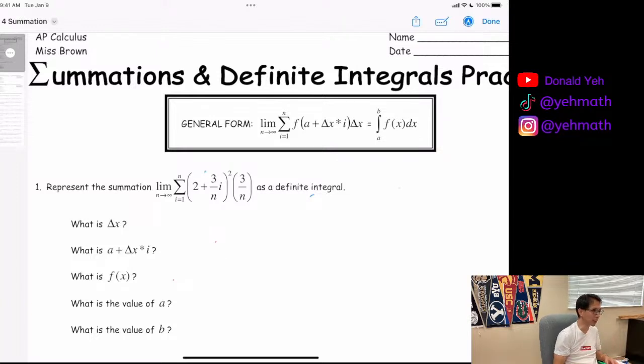Should I help you or do you know how to do it? Yeah, sigma summation. Why is it squared?